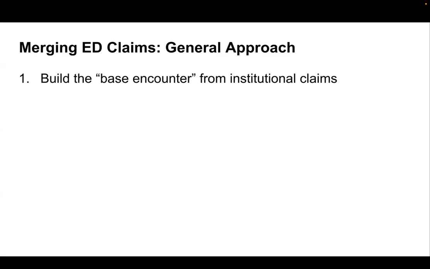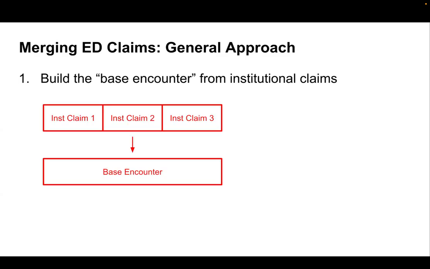So the general approach we're going to take to merge ED claims into encounters is as follows. First, we're going to build the base encounter from institutional claims, and this is really stitching institutional claims together. Most ED visits will only have a single institutional claim. Some will have more than one.